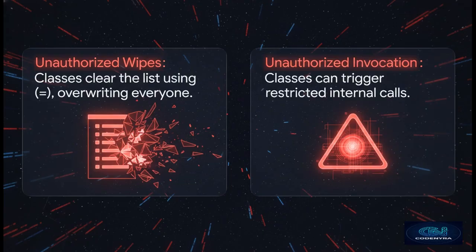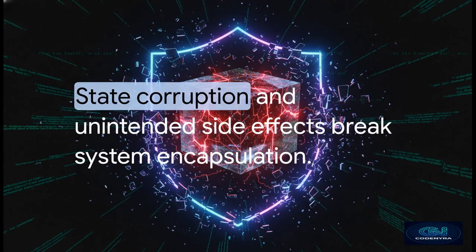Any outside class can come along, use a simple equals operator instead of +=, and literally overwrite the delegate, completely wiping out every other subscriber on the list. And second, unauthorized invocation. An external class doesn't even have to wait for an event to happen naturally. It can just maliciously, or even accidentally, force an invocation, triggering internal system calls completely out of nowhere. And you can probably guess, this kind of open access leads straight to state corruption and wild, unintended side effects.